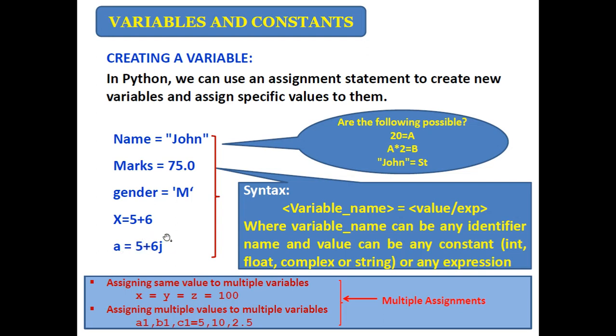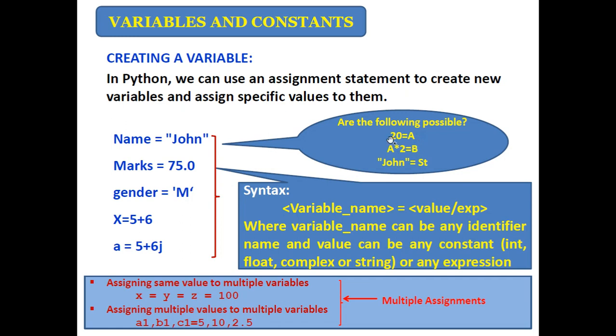These are the ways. Now, are the following statements possible? What do you think? No, it is not. Why? A value or an expression cannot appear on the left side of the assignment statement, and the variable also should not appear on the right side.